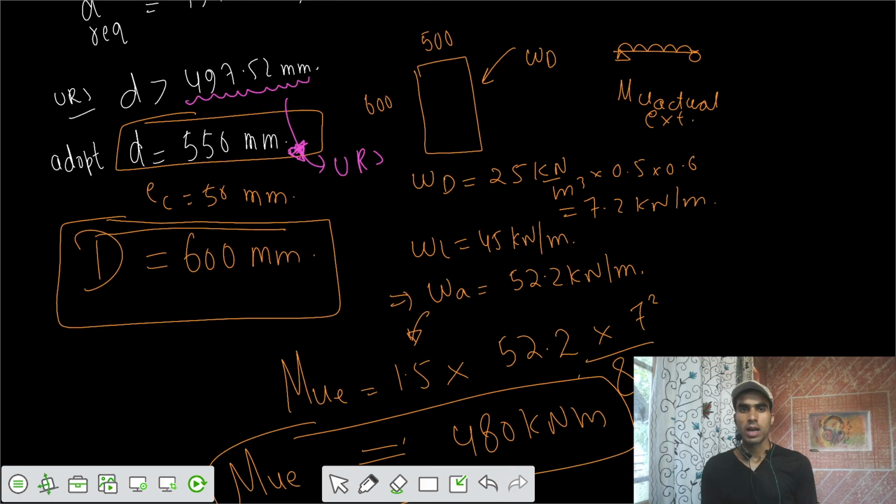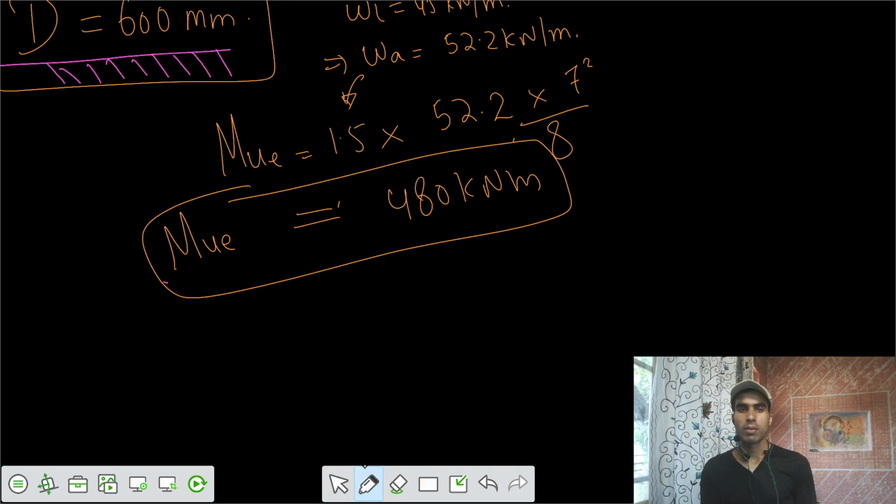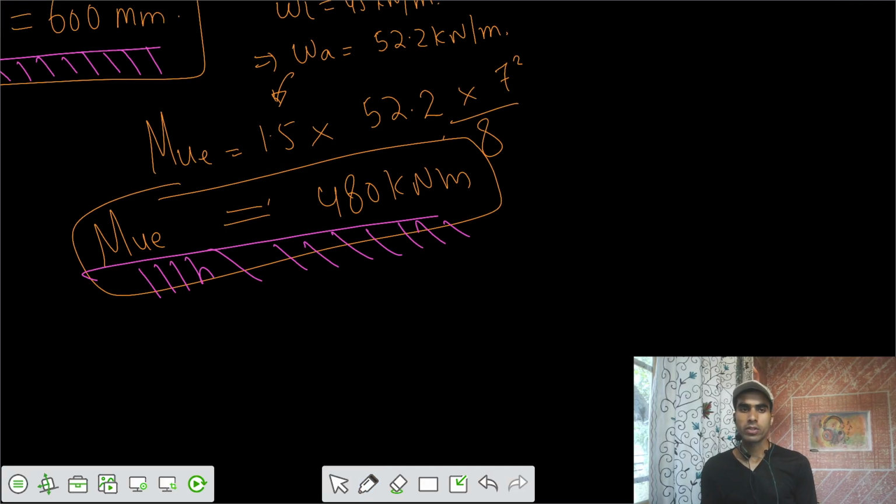And for that, I now fix that the actual D should be 600, and corresponding to that I got the external bending moment equal to 480 kilonewton meters. Now I need to find the actual neutral axis location. I am designing the section.